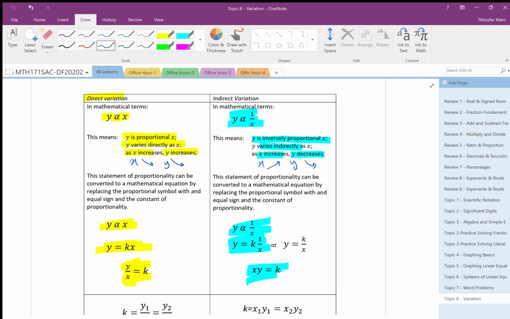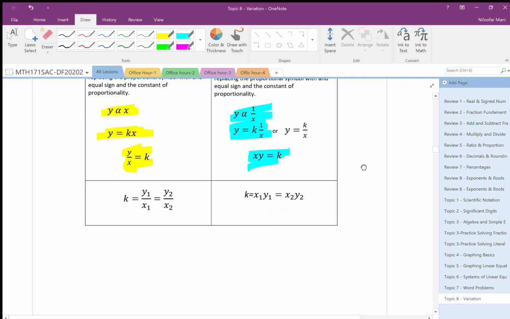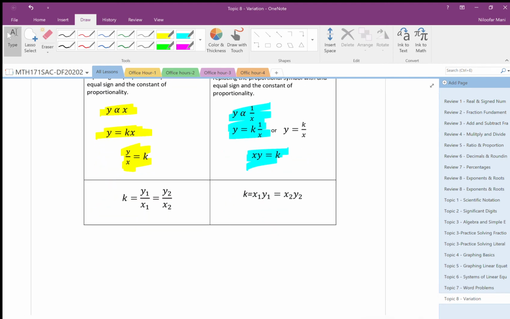Okay, so you need to find k. So when you find k, it helps you to find the formula, because k is constant, k doesn't change. So if I have two situations, when k doesn't change, I can find the formula between situation number 1 and situation number 2.